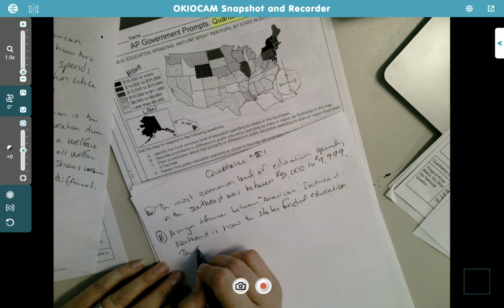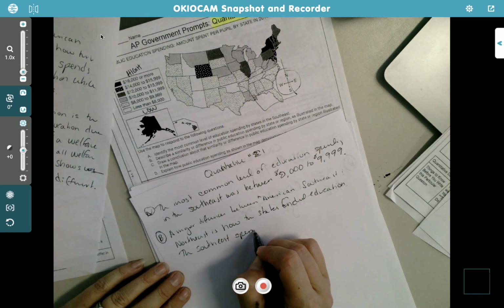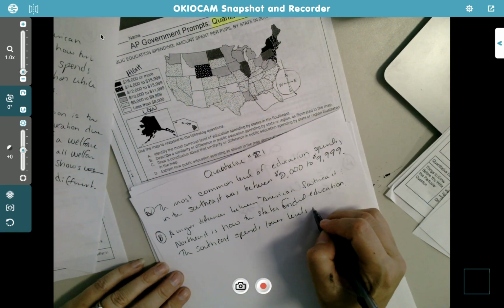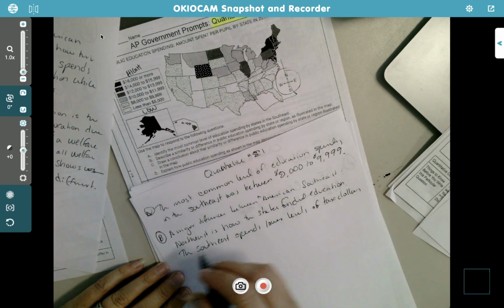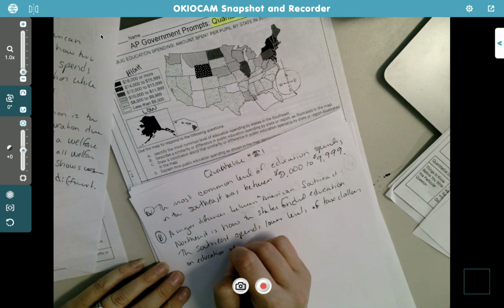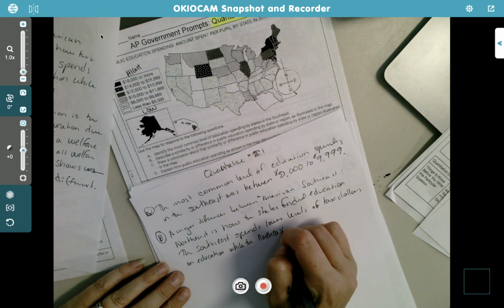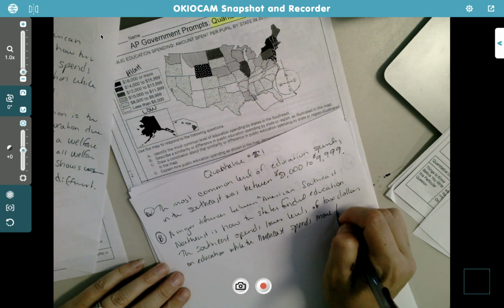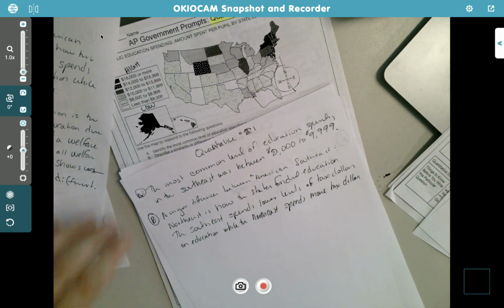The Southeast spends lower levels of tax dollars on education, while the Northeast spends more tax dollars. There you go. That's it. Isn't that nice?